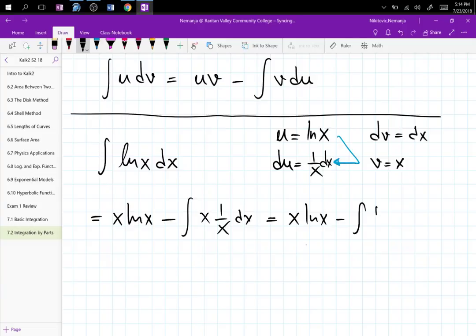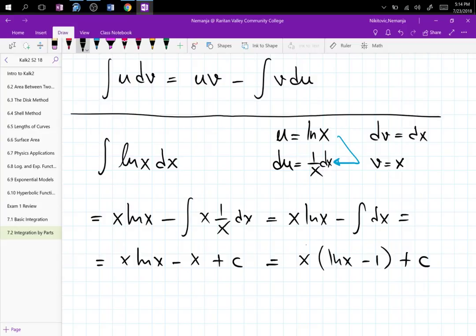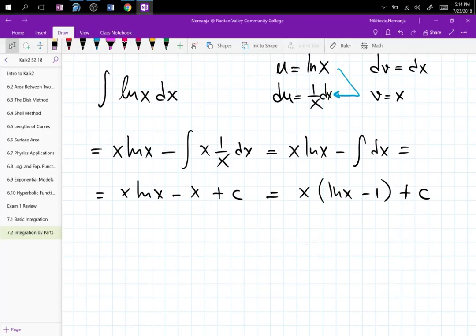So x ln x minus x is the answer. So we have x ln x minus x plus c, and if you want to be fancy, you can factor out x and just get x times ln x minus 1 plus c. So as you can see, integral of ln x is not trivial.